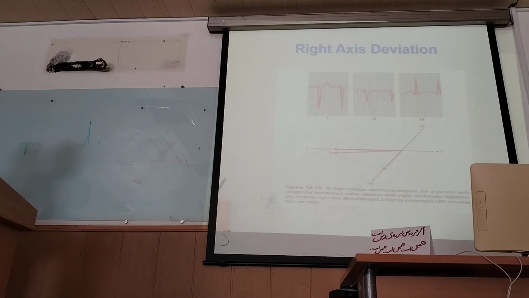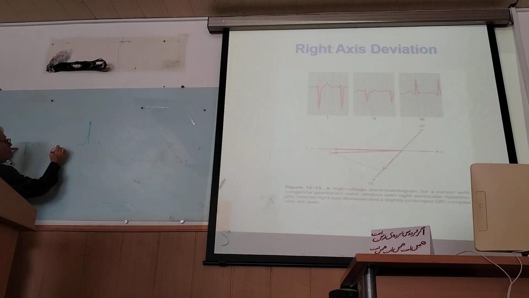Now I want to make a net voltage. See, this is the isoelectric line. How much is it? One unit positive: 1, 2, 3, 4, 5, 6, 7, 8.